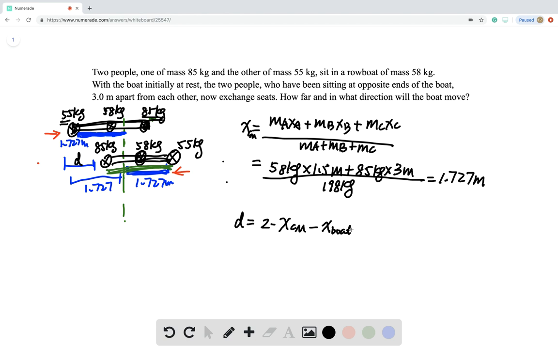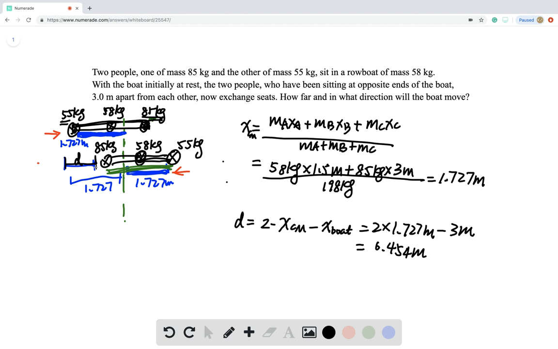So this is equal to 2 times 1.727 meters minus the length of the boat, 3 meters. So this gives us a distance of 0.454 meters. So that is d.